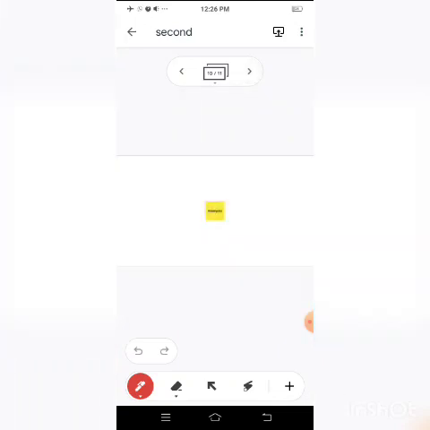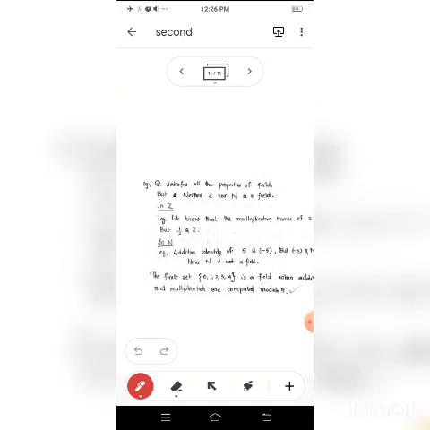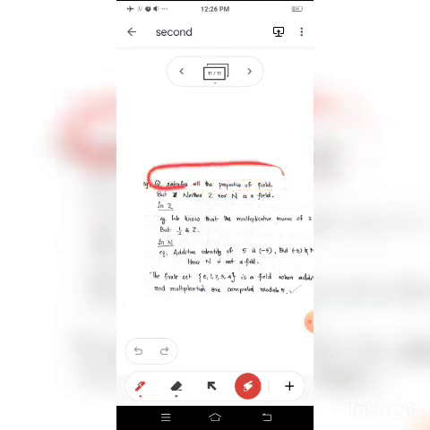So now we are going through examples of fields. Q satisfies all the properties of a field, but neither Z nor N is a field. Why?